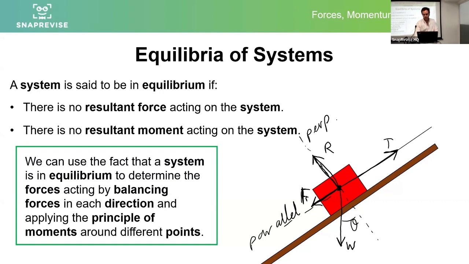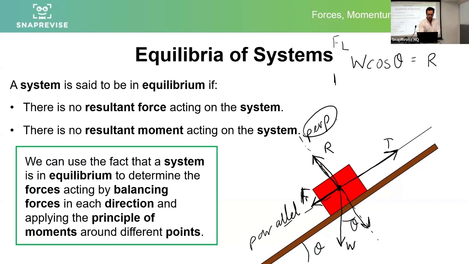If we say this slope is at theta, we can deduce that this is also theta. We'll be able to resolve our forces, and we can say W cos theta must equal R. That is by resolving the forces perpendicular to the slope: you've got R acting upwards, and one component of the weight acting there.